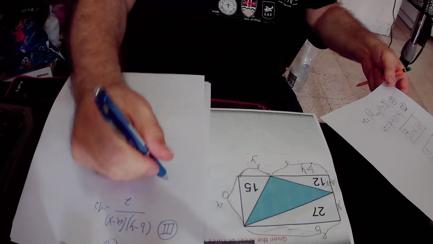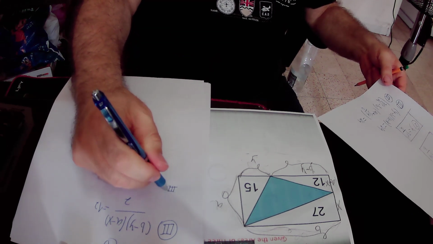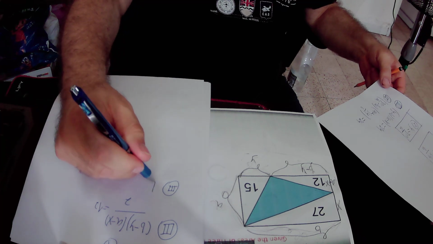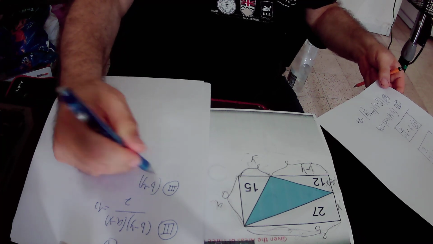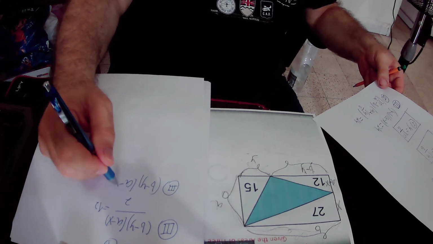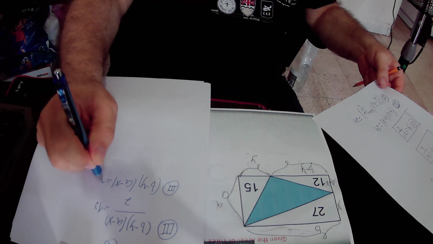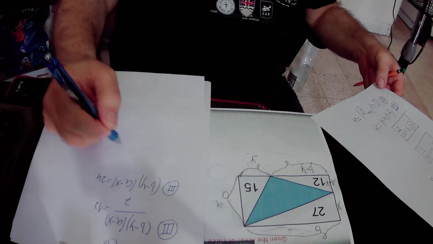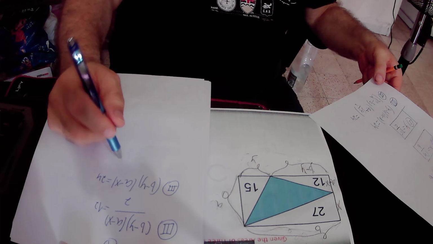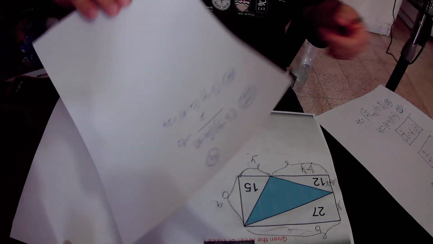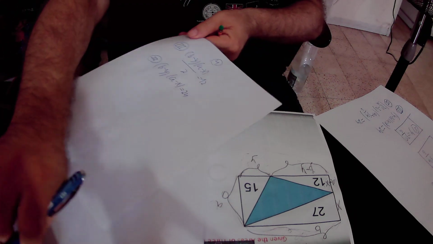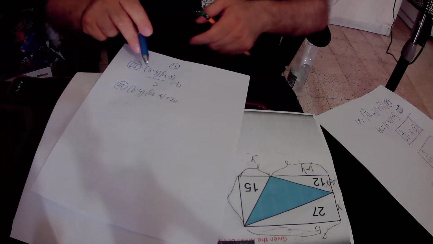We can multiply both sides of the equation by 2, and we will get that b minus y times a minus x equals 24. And now this is our correct third equation.